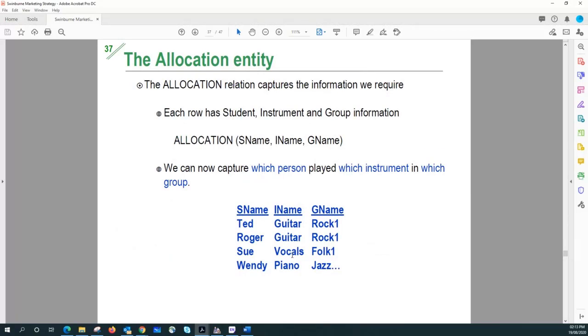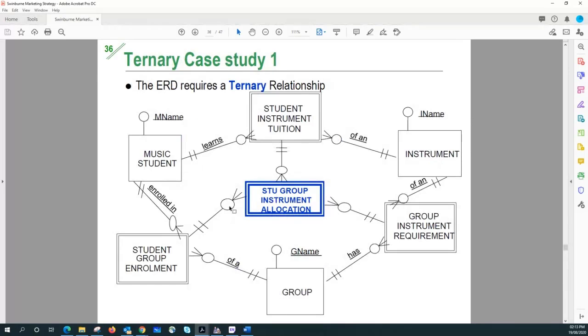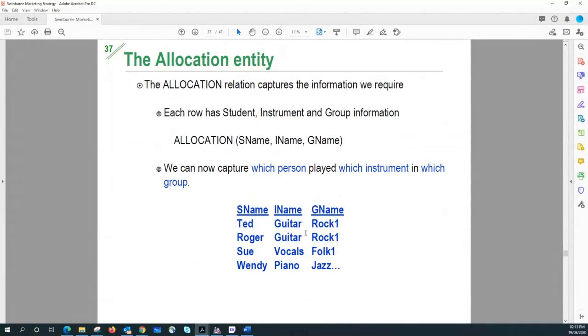So then the next question is, what is the primary key of this entity? Now these are actually foreign keys. So if I take student name, instrument name, group name, all 3 combined as a primary key, does it make sense?